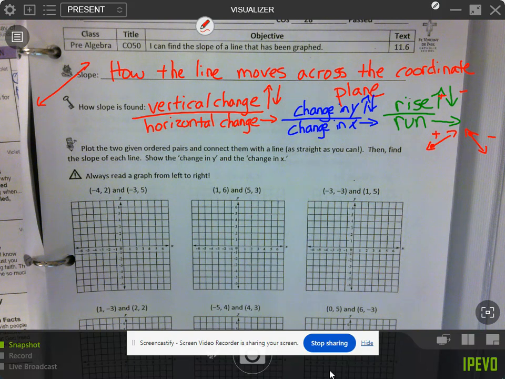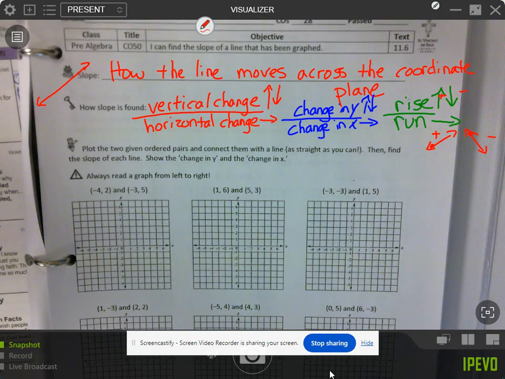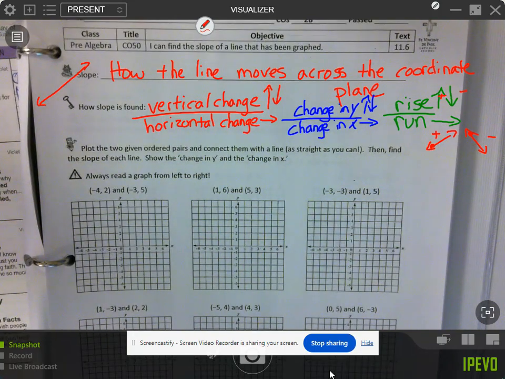We read left to right. When we do slope, we always do it left to right. Always, always, always. Otherwise, you're going to mess up those positives and negatives. So always go left to right. So we're going to practice how this works. And once you see it in action, it'll make sense.